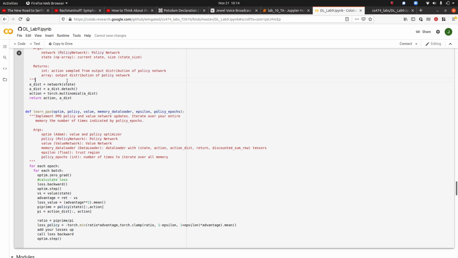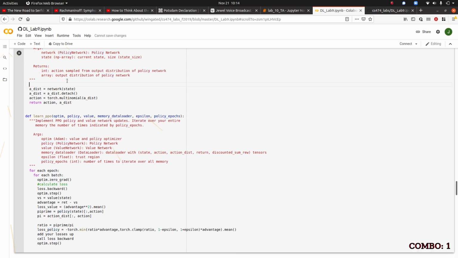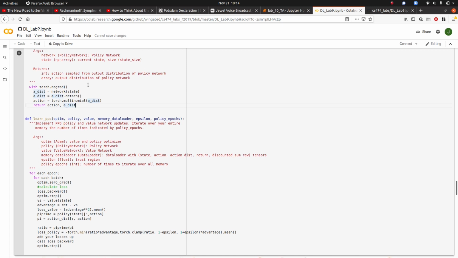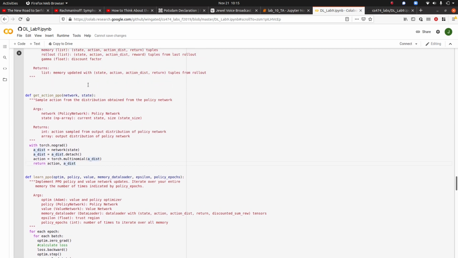Okay, well, since we're not supposed to be hitting this anyway, why don't we just do it with torch.no_grad, or however you spell that. You'll have to go look up that function yourself, because that's not actually how you spell it. And then all of this. Okay, so that's get_action_PPO.